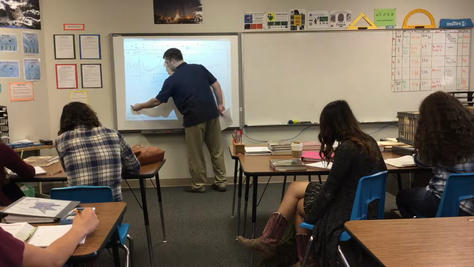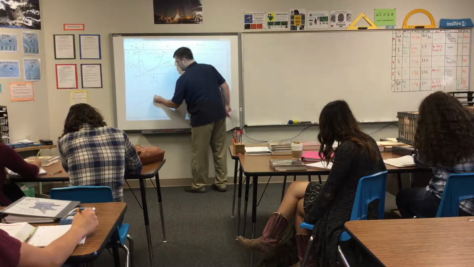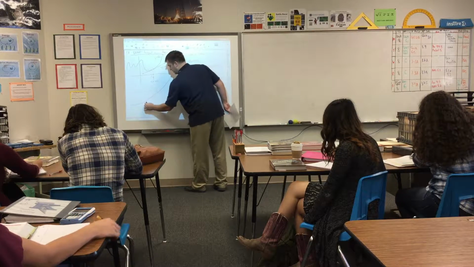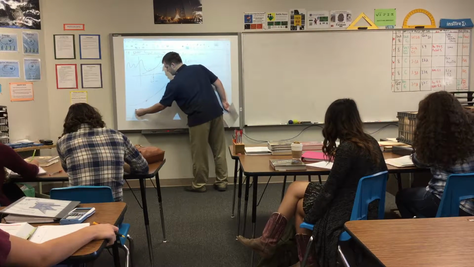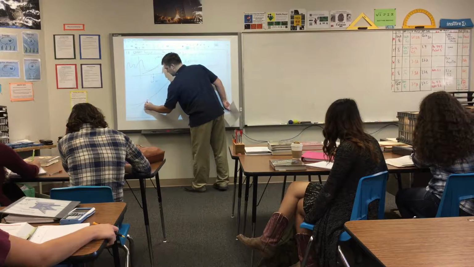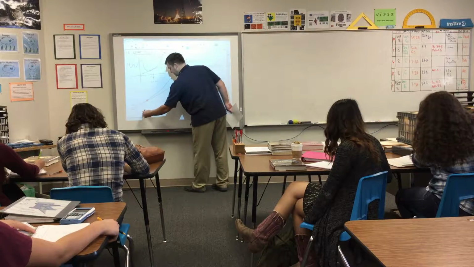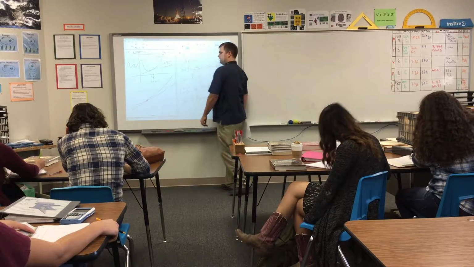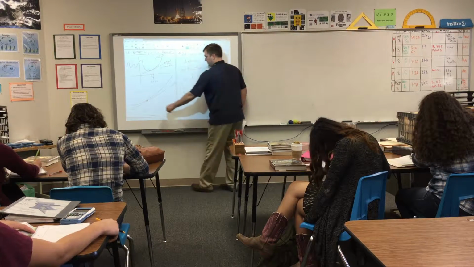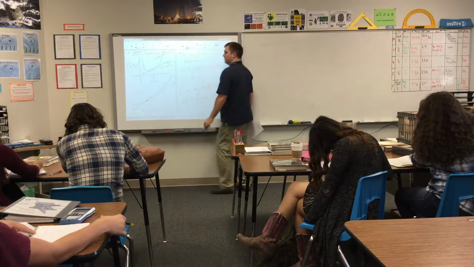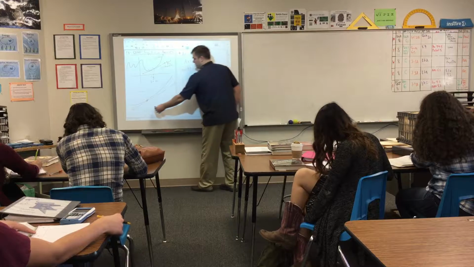Zooming in, the blue curve looks something kind of like this. The tangent line looks something like that. That's where C was. C plus 0.01 is just over a little bit.